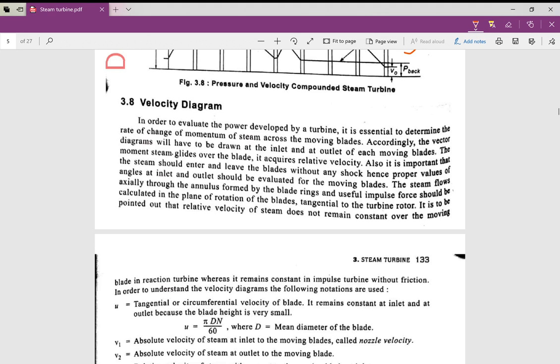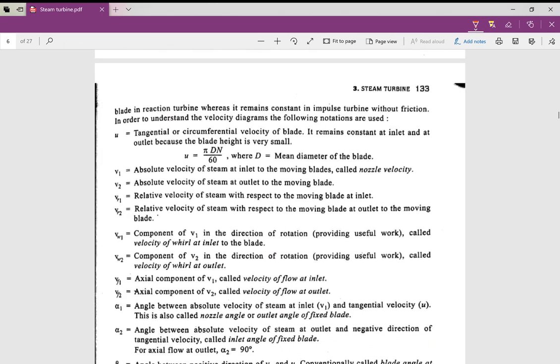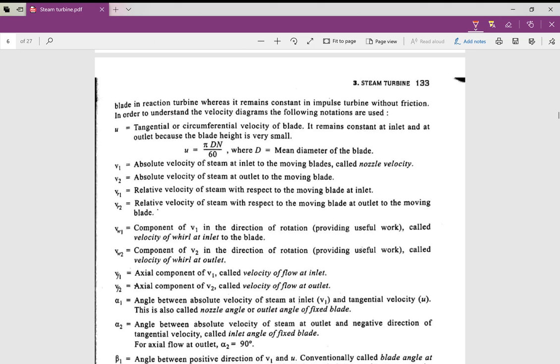If you refer to so many books, different methods are given to draw the velocity diagram properly. Here I am going to give a very simple method. Once the velocity triangle is properly drawn, any difficult numerical you can solve so easily based on this.